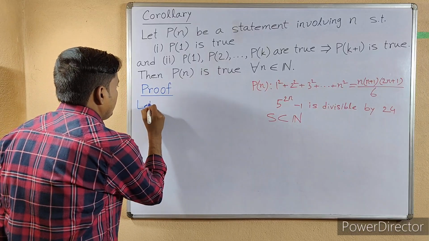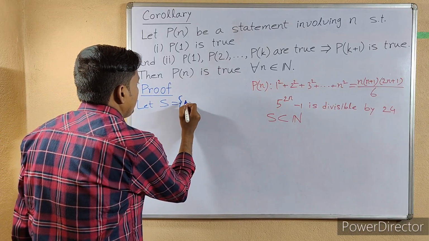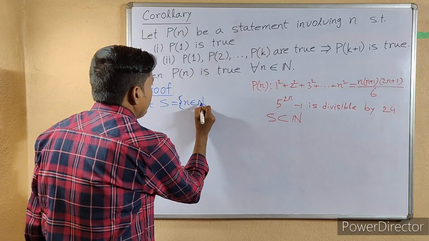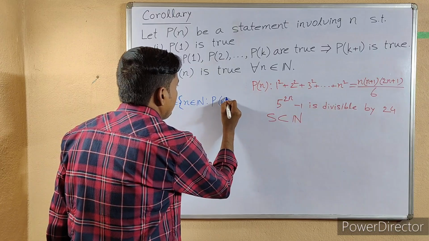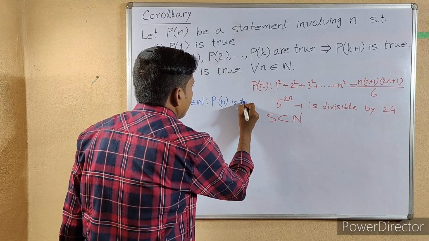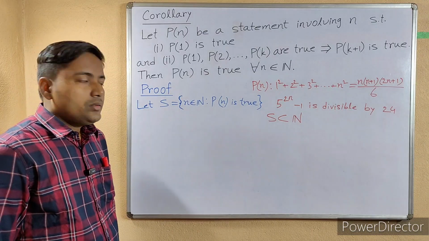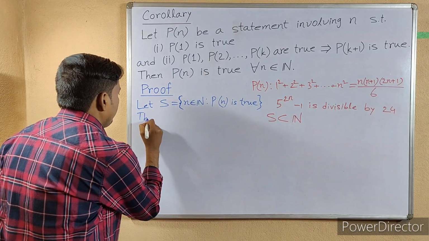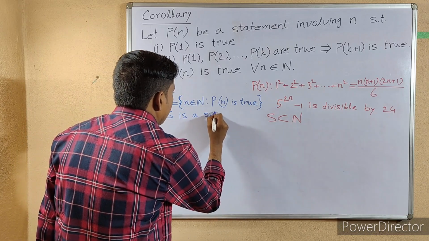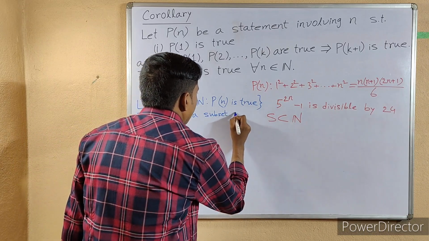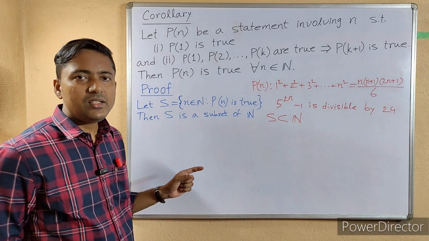Let S equal to the set of all n belongs to N such that Pn is true. Then S is a subset of N. Why subset?